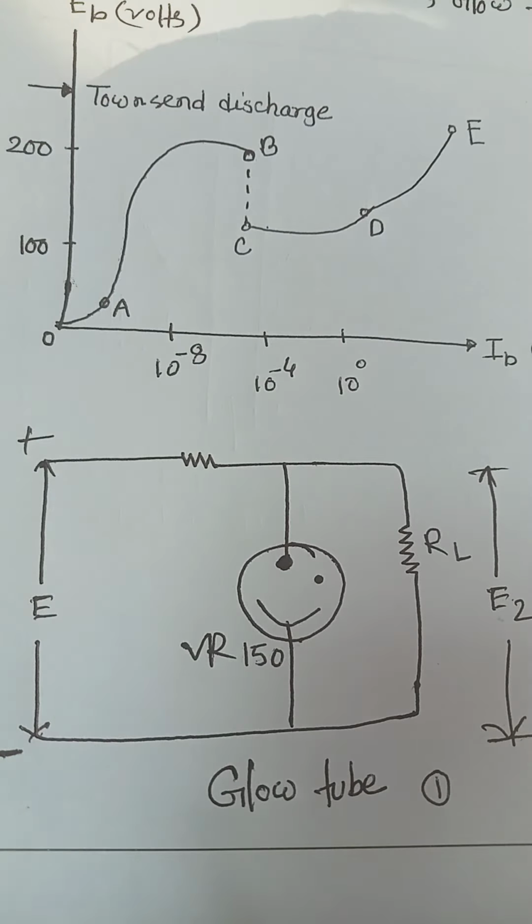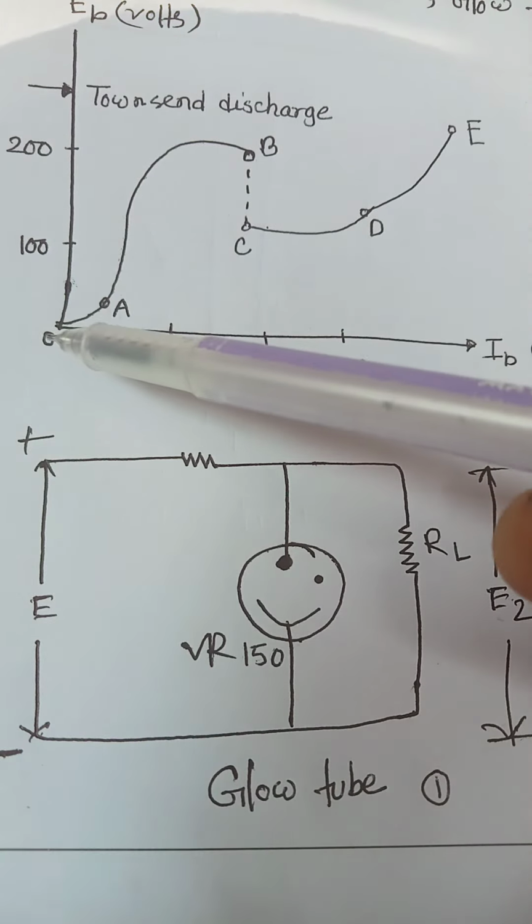This is the start of the second conduction, known as glow discharge. It is a glow tube in this region, C to D and D to E. The voltage across the tube remains constant even if the plate current is increased.